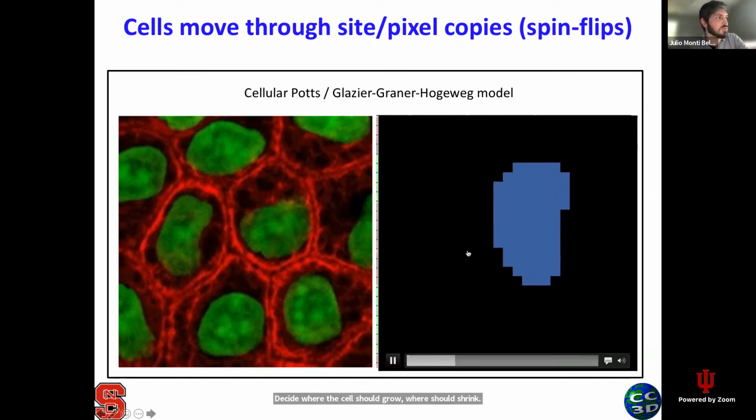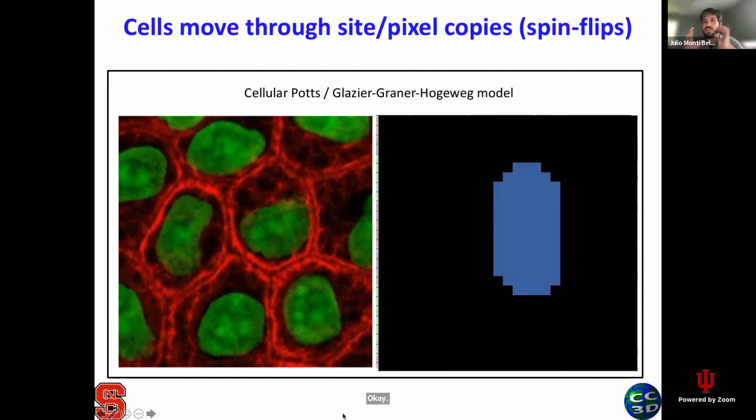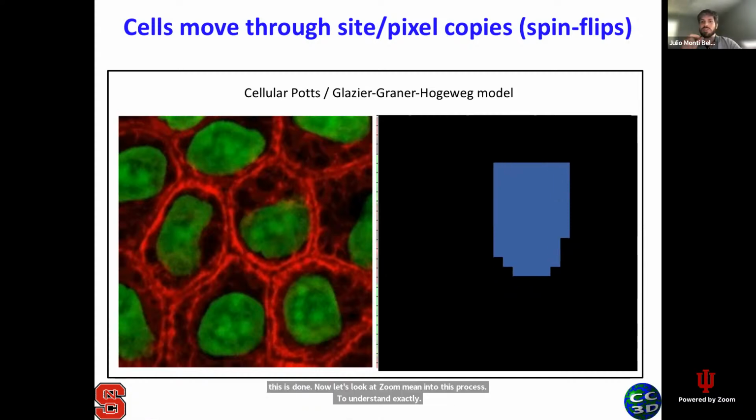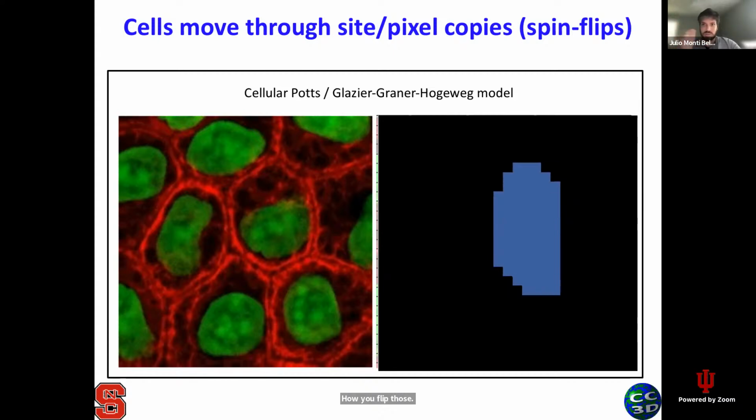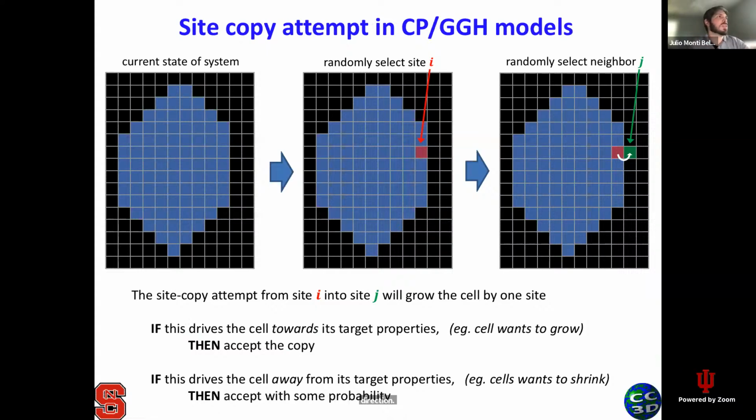Okay, so how is this done? Now let's zoom in into this process to understand exactly how you flip those lattice sites, how you decide when you're going to flip in one direction versus not flipping in that direction. Okay. So a site copy attempt in Compucell3D is done the following way. First, it is intrinsically stochastic, okay, but it has to follow certain rules. So here on the left is the current state of the system, so that's your cell shape.